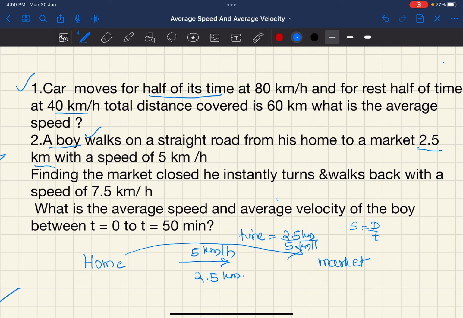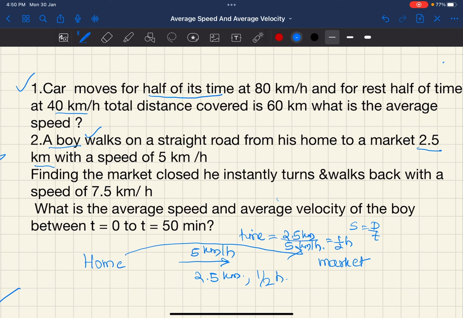So the time required for the boy to walk from home to market is 2.5 upon 5, which is nothing but half an hour. So for walking straight from home to market, he takes about half an hour or 30 minutes.